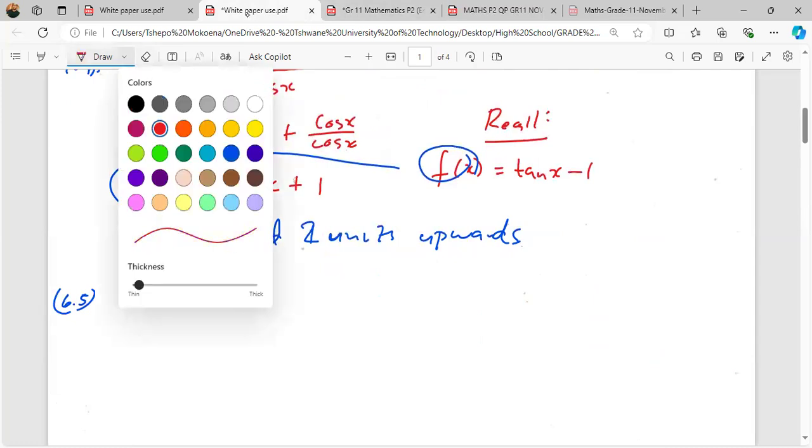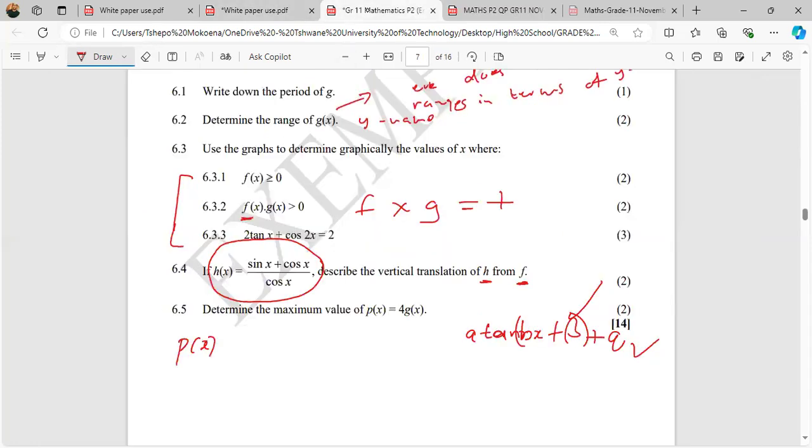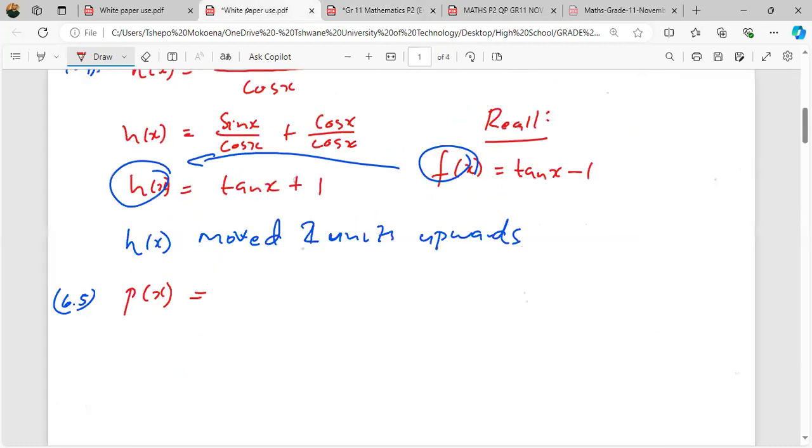How did we get the graph of P? We're going to multiply the graph of G by 4. That's how we can get the graph of P.